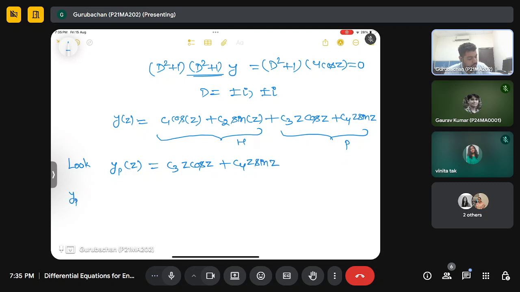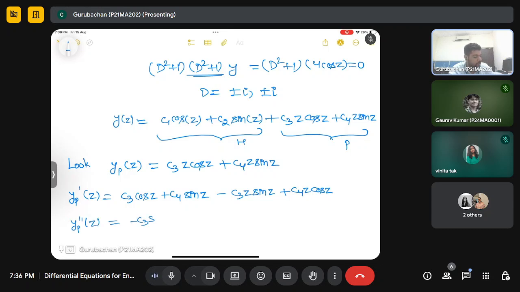The first derivative will be C3 cos z plus C4 sin z minus C3 z sin z plus C4 z cos z. The double derivative of yp will be minus C3 sin z plus C4 cos z.